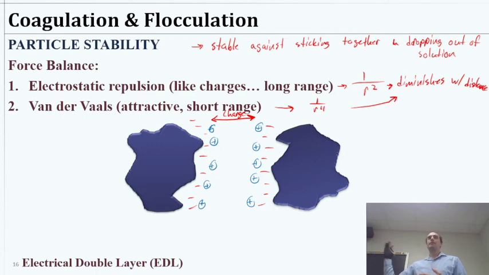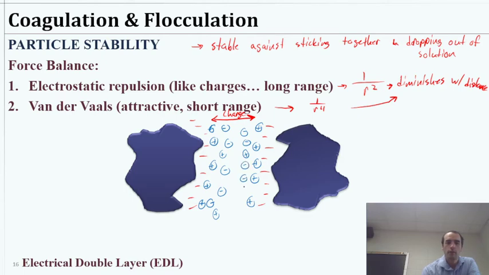So we get this electrical double layer, as it's called, or EDL, where then we have some negative charges, still some positive charges around, but a loose layer of negatively charged ions, because it's just more favorable to have negatives around that layer of positive.